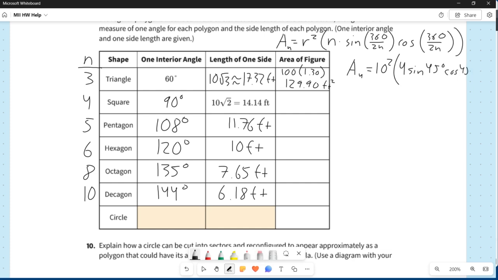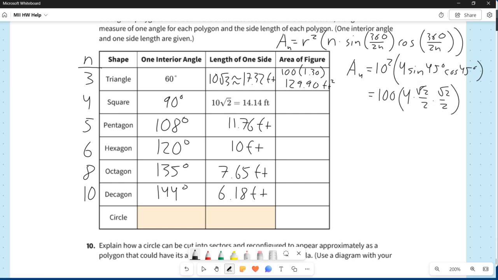Again, if trig's a little shaky for you, you could evaluate this by going to the calculator. 10 squared is 100, and then we have 4. The sine of 45 is root 2 over 2, and the cosine of 45 is also root 2 over 2.